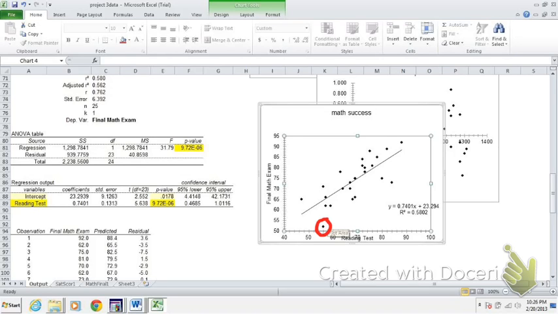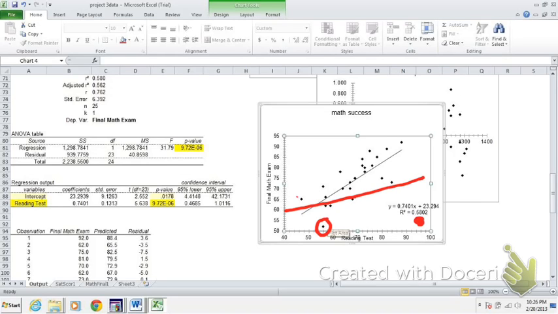Because you're looking for outliers in the x direction. So in other words, if there was a point out here, that would drag the line down significantly. Or if there was a point, well, these points are still fairly close to the line.